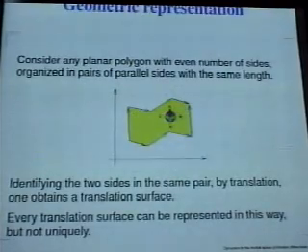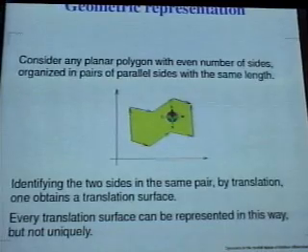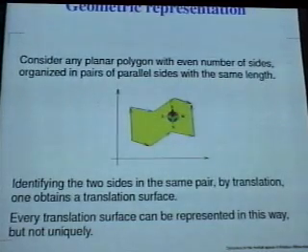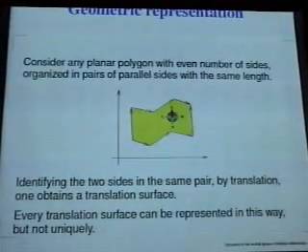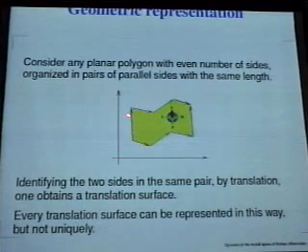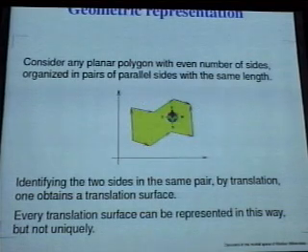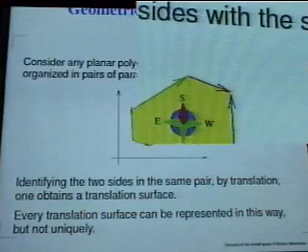Okay. I also want to give you a picture so that you can visualize translation surfaces. So here is a geometric construction of a translation surface. You just take a polygon on the plane with a finite even number of edges. And besides, the edges should be organized in pairs.